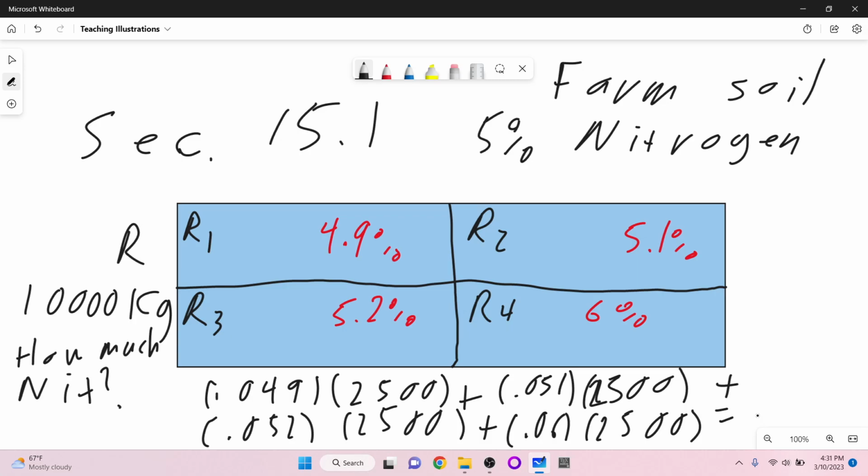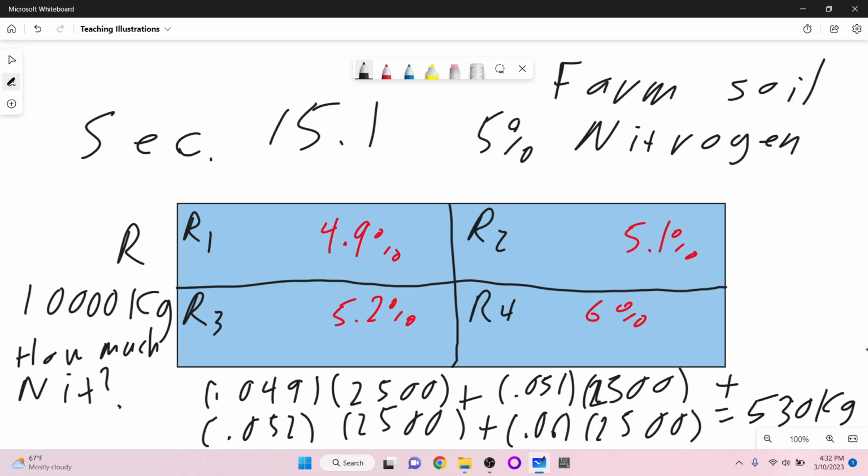And that equals out to, you can factor 2,500 out if you like and just add the decimals up, 530 kilograms, which is a little higher than the 500. Our first estimate was a little lower. But the idea is that some of our estimates will be too high, some will be too low.